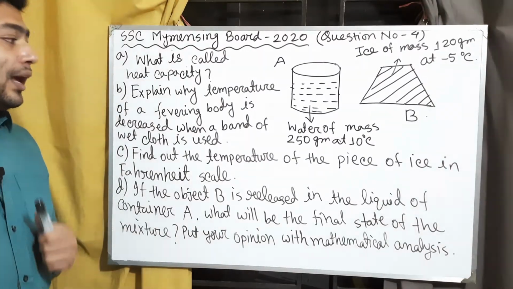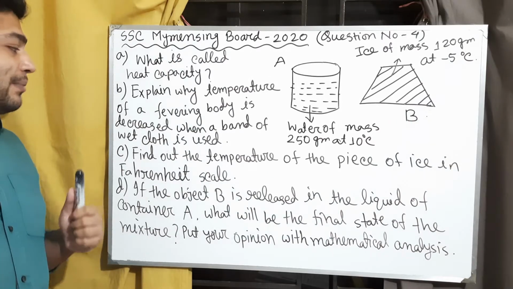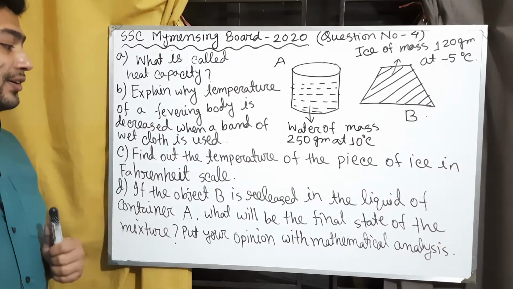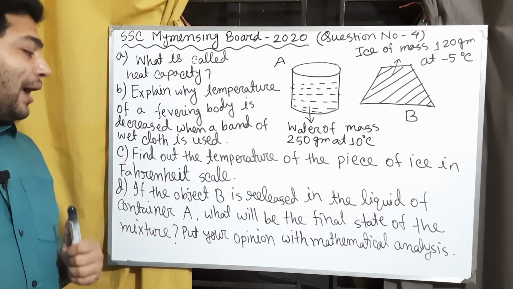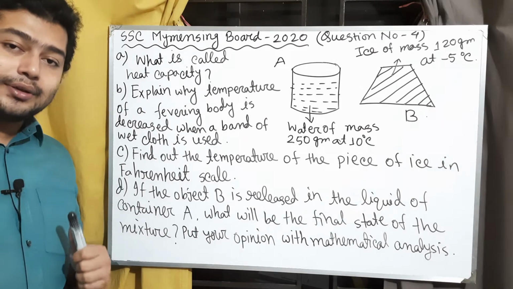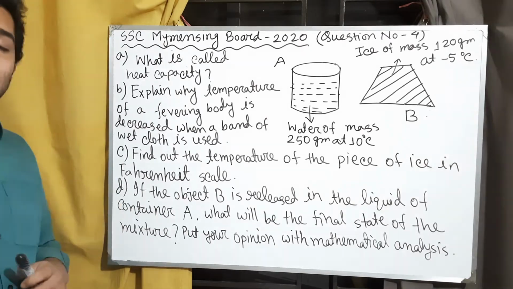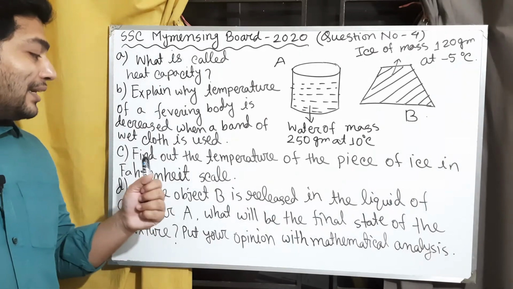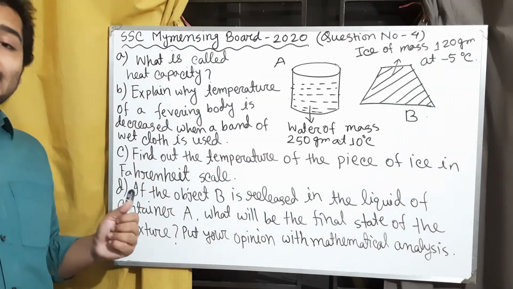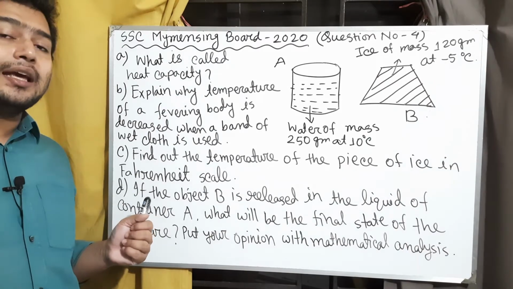Question B, explain why the temperature of a quivering body is decreased when a band of wet cloth is used. Question C, find out the temperature of the piece of ice in Fahrenheit scale.